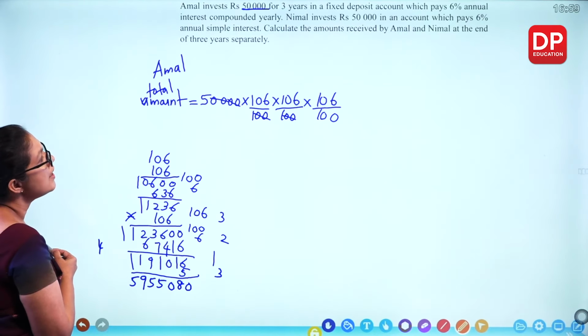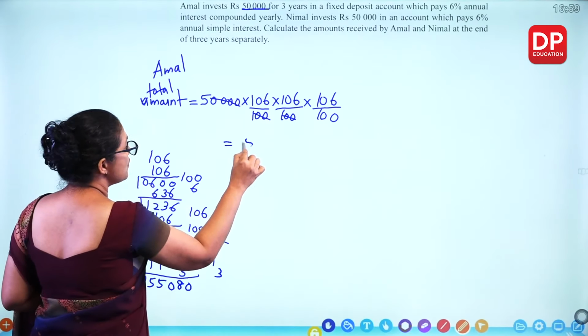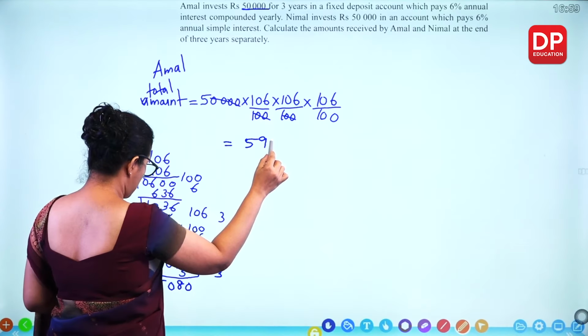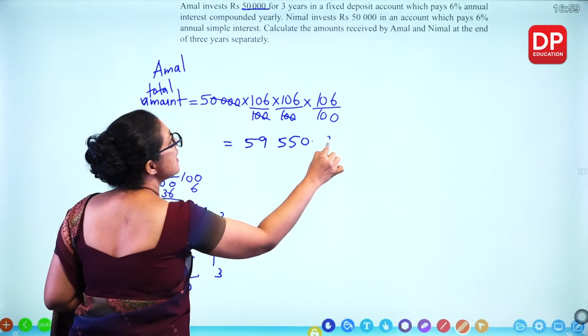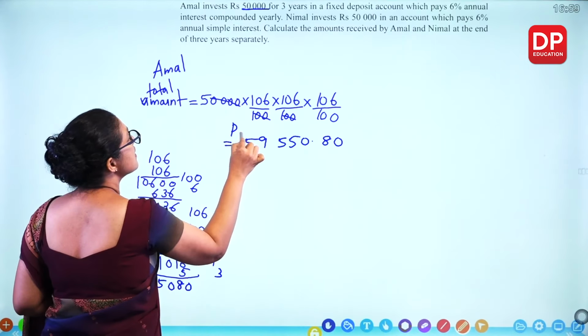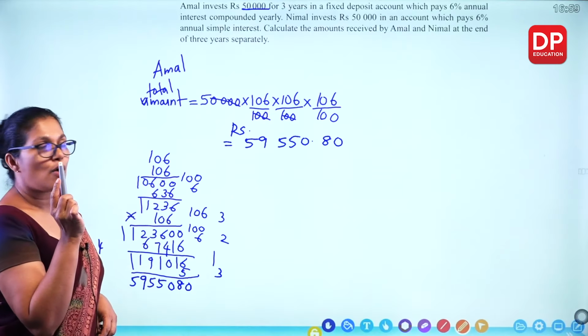So this one divide by 100, that means 59,550 and 80 cents. That's Amal's total amount.